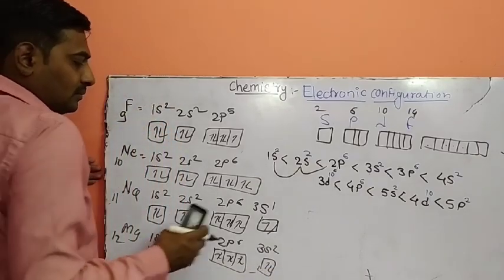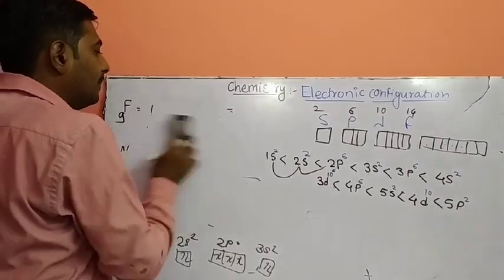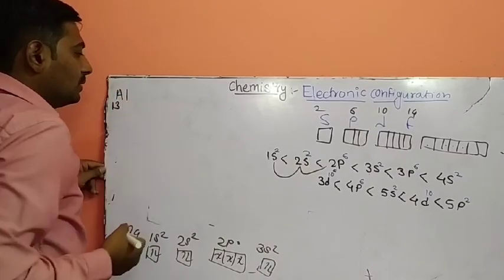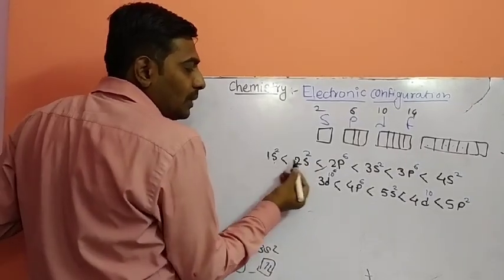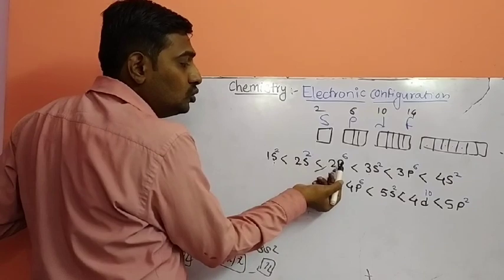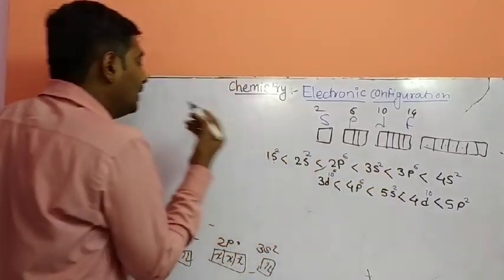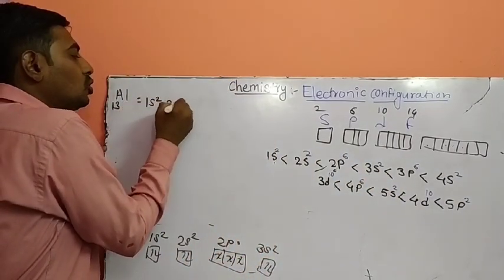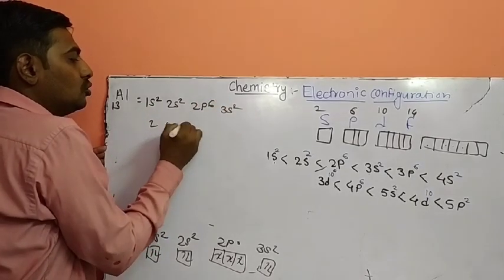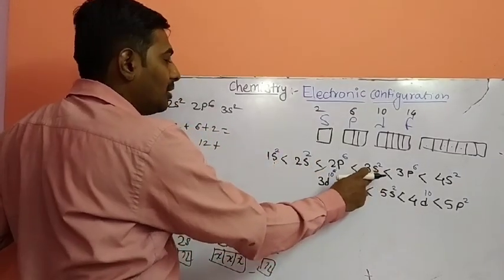Next, atomic number 13. Atomic number 13 is aluminium. See, 2 plus 2 plus 6 is how much? 10, plus 2, 12. Then the next electron enters in the 3p orbital. It means 1s2, 2s2, 2p6, 3s2, 12 electrons.